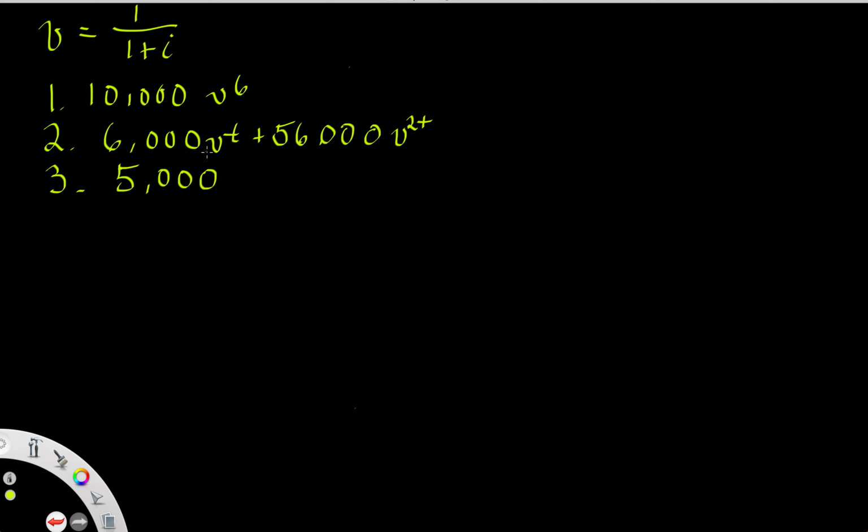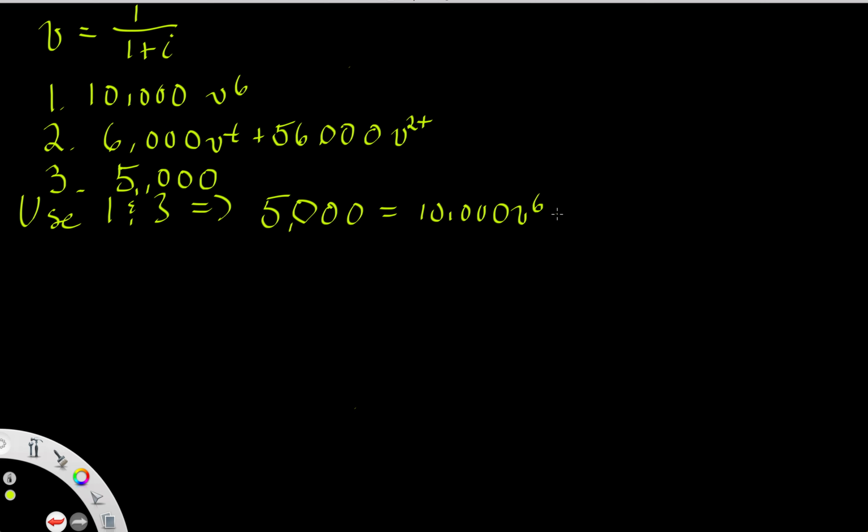Okay, so now we have expressions giving the present value of each of those 3 things, and we're told that these expressions are equal. So now we can start picking and choosing which ones to set equal in order to figure out what we have. First, we're going to use 1 and 3. We'll set 1 and 3 equal to each other, giving 5,000 is equal to 10,000 nu to the 6th.